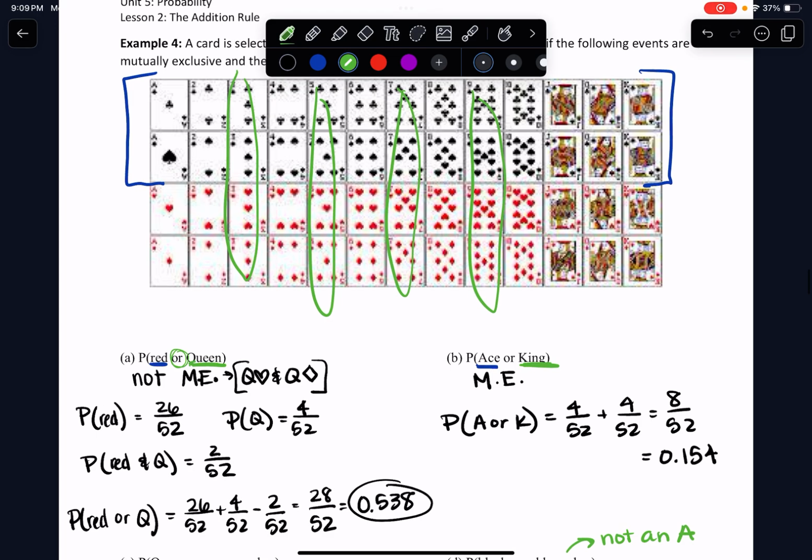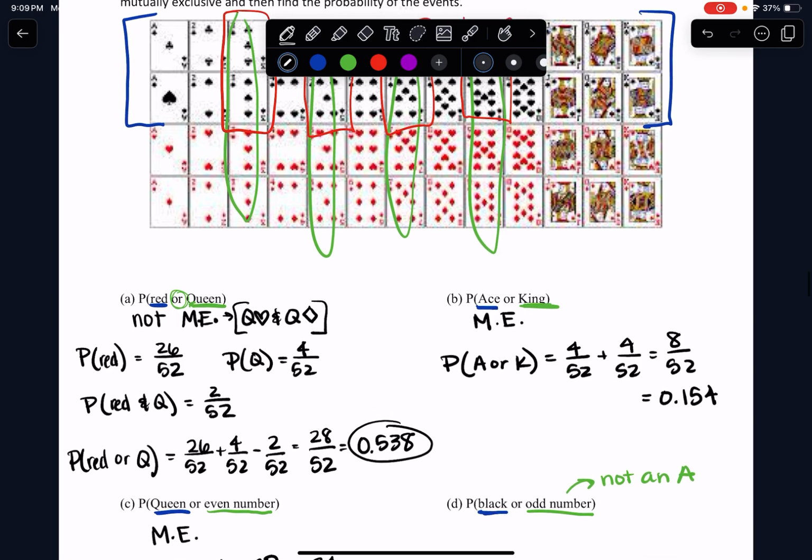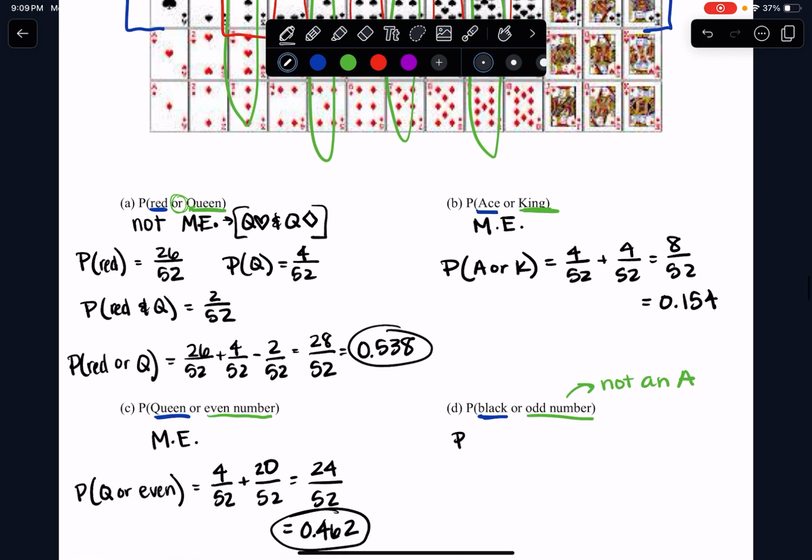There is definitely overlap because we've got 2 cards in each of those sets of odds that are black. So the probability of a black card is 26 out of 52. Oh, these are not mutually exclusive. You've got lots of exceptions here. The probability of an odd number is 16 out of 52.